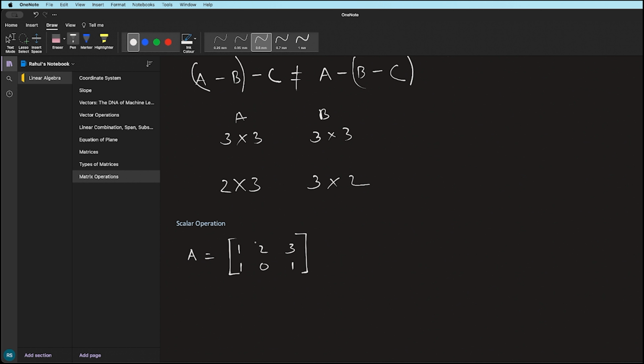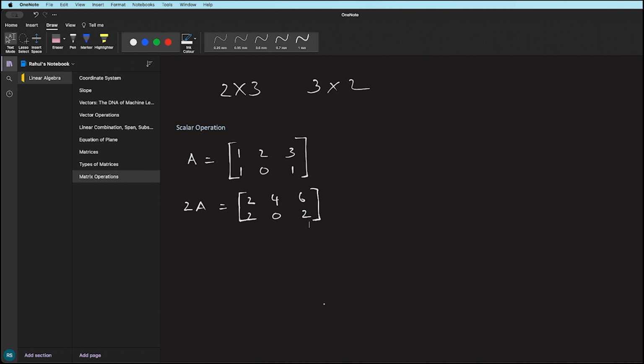I can multiply any scalar value with this matrix. So I can multiply 2 with the matrix A. That will result in 2 being multiplied with each element in the matrix. So this will become 2, 4, 6, then 2, 0, 2.